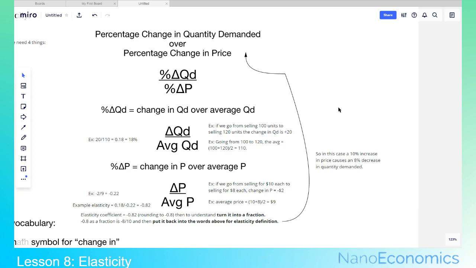To get the percentage change in quantity demanded, we simply take the change in quantity demanded over the average of those two quantities. And then for the bottom, the percentage change in price, we take the change in price over the average of those two prices.